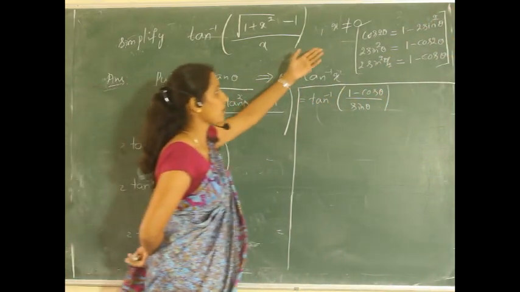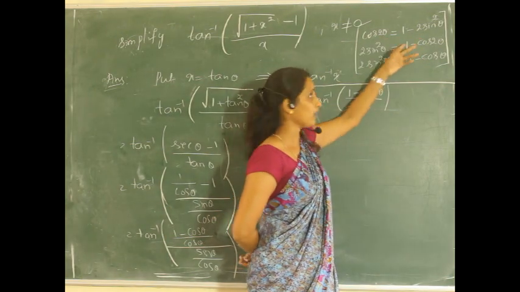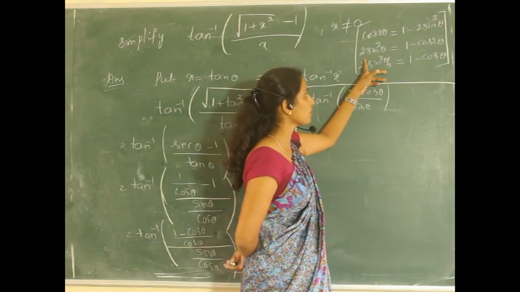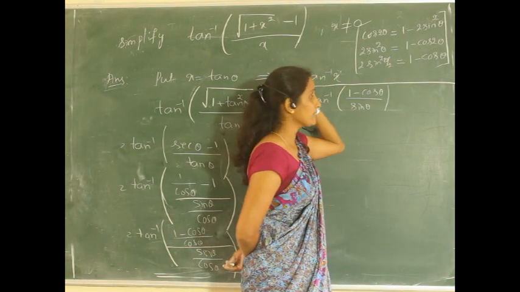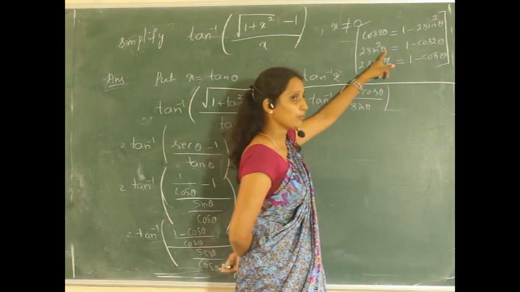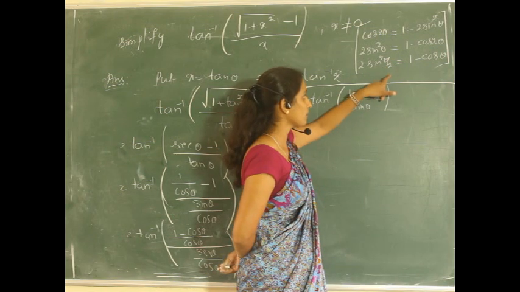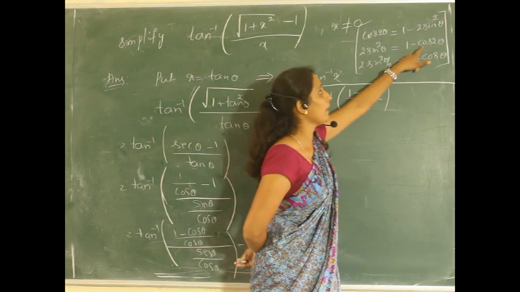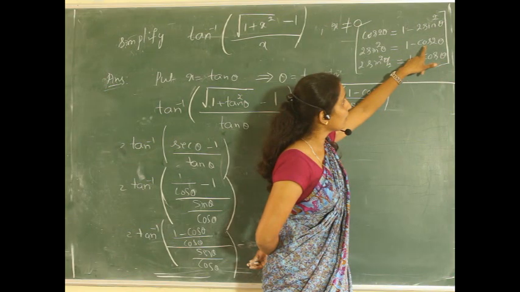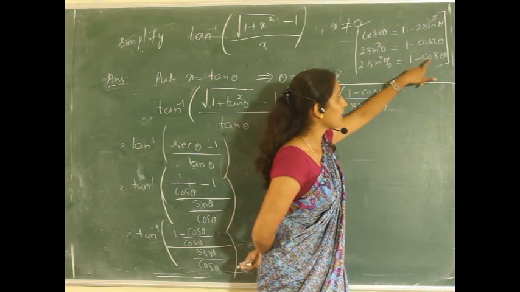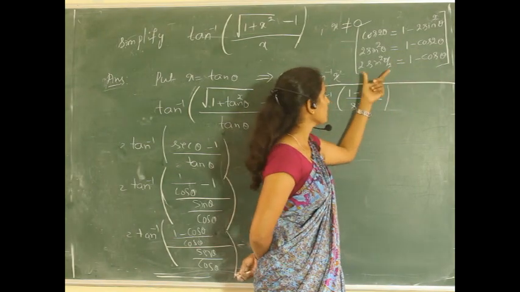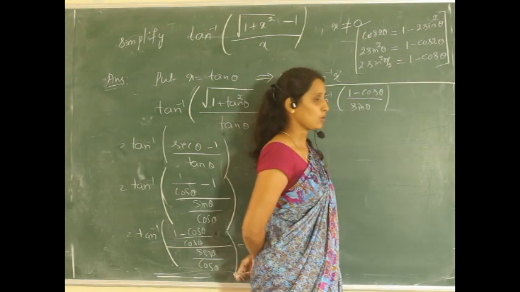When we rearrange, cos 2 theta is 1 minus 2 sin square theta. So we are getting 2 sin square theta is equal to 1 minus cos 2 theta. And if it is a half angle, that means theta by 2, the angle will be half. Here it is 2 sin square theta by 2 is equal to 1 minus cos theta.